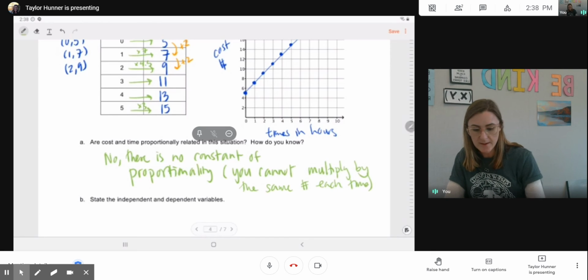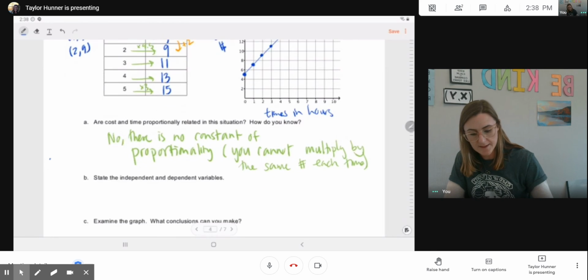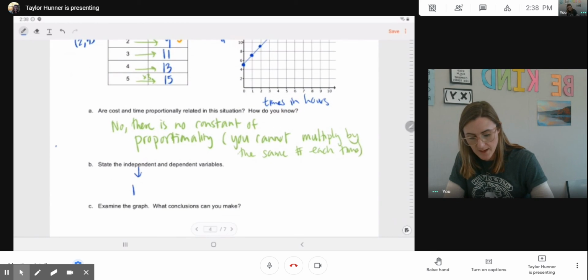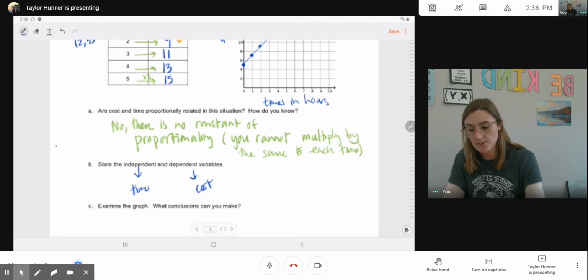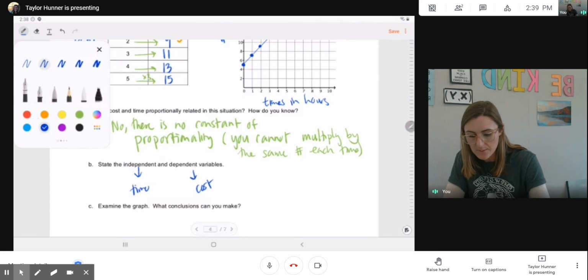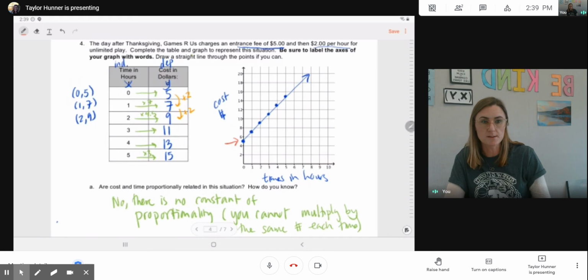So state the independent and dependent variables. We kind of already did this up top. Our independent variable would be time, and our dependent variable would be cost. It says examine the graph, what conclusions can you make? So something that it's really going to come later in the module, but notice how our graph does not start at 0, 0.